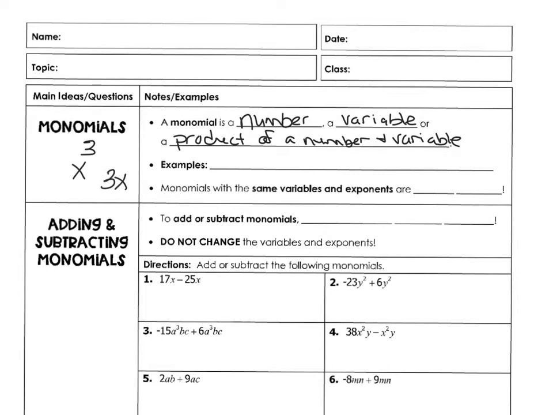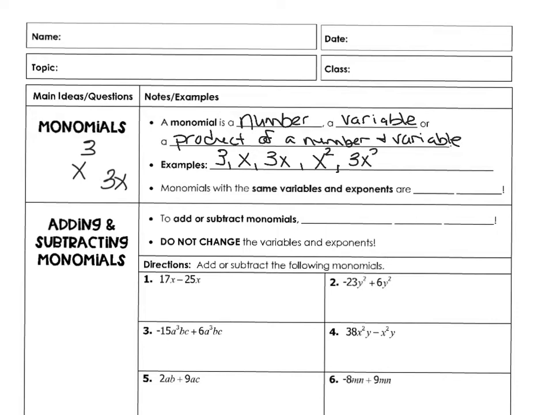Okay, you don't see any pluses or minuses, even x squared, because that's multiplying a variable.